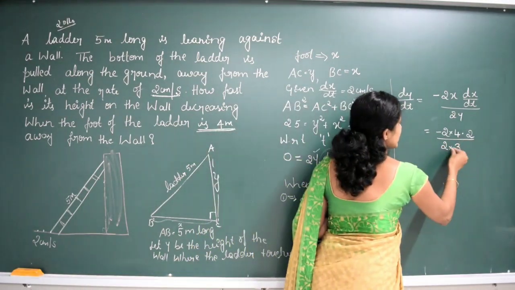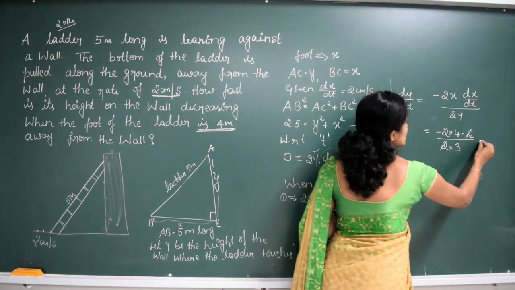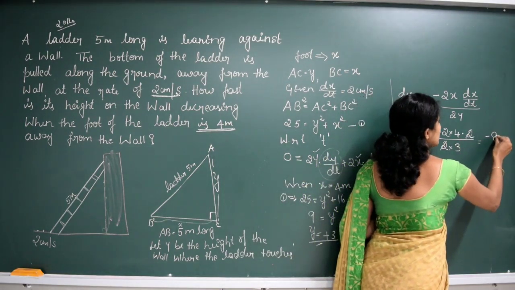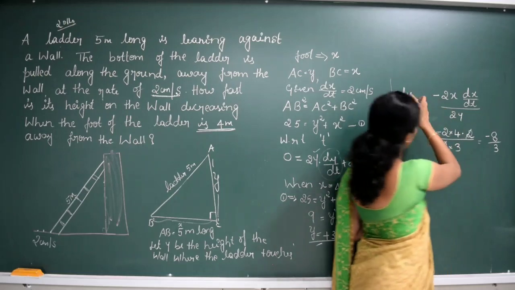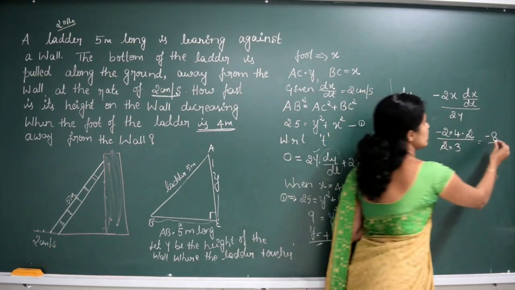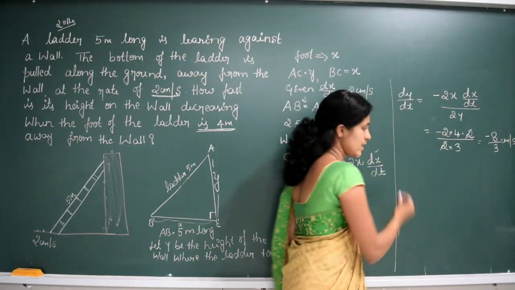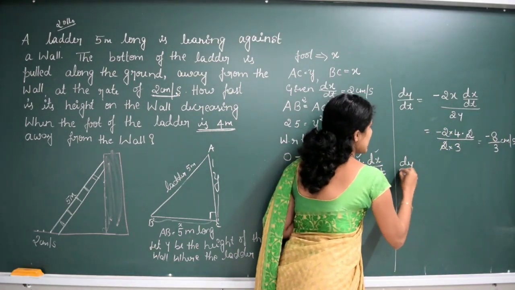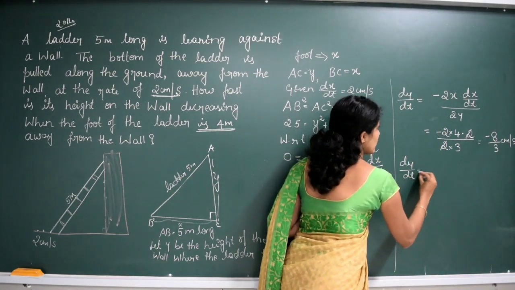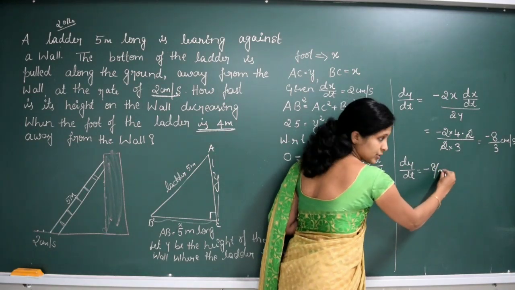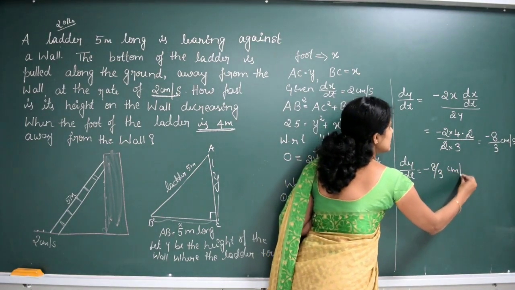So we can cancel 2 and 2. So this is equal to minus 8 by 3, y with respect to t, right? So obviously it will be centimeter per second. Is it clear? So we got dy by dt is equal to minus 8 by 3 centimeter per second.